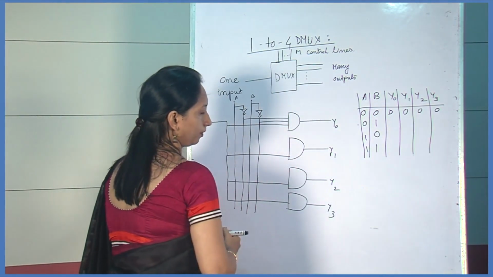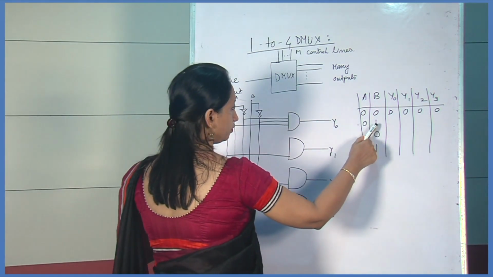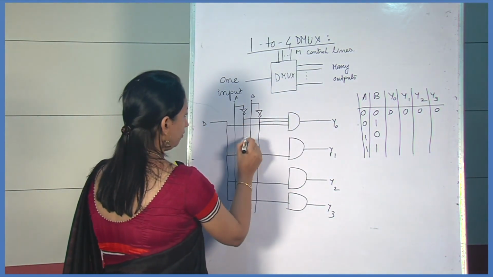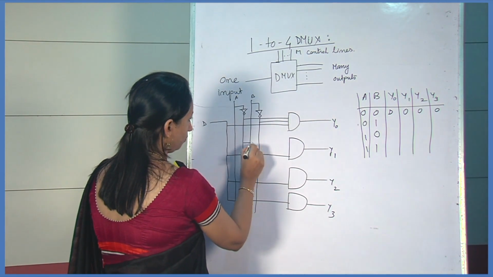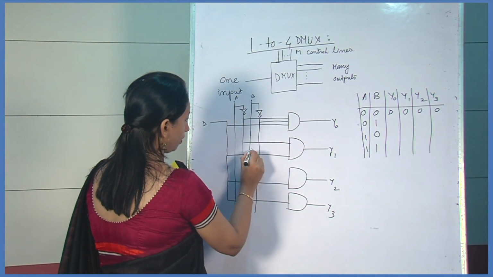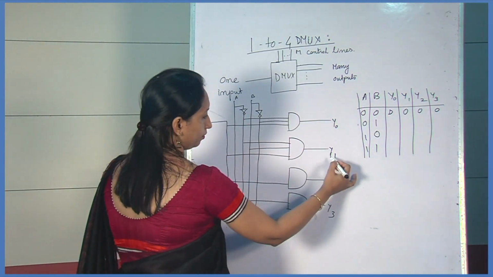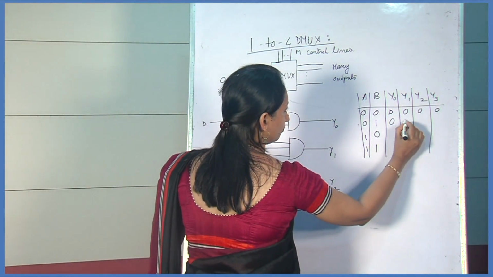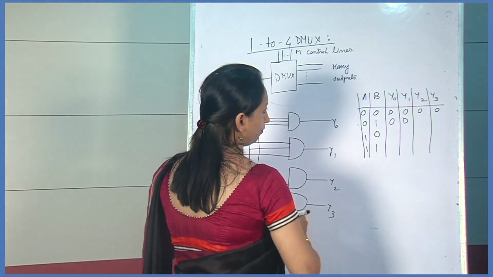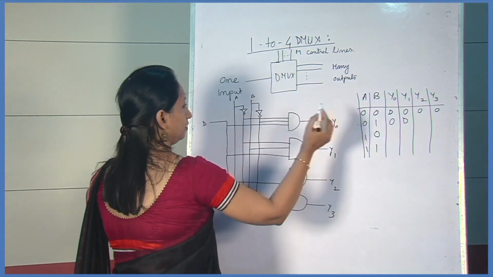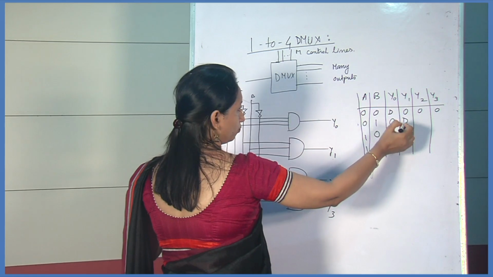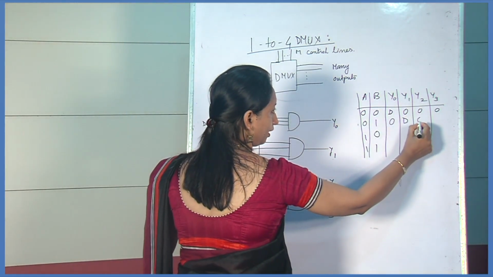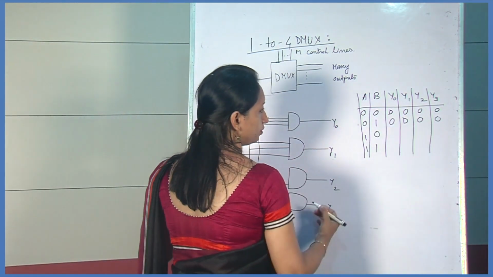the rest of the outputs of the AND gates are 0, 0. For the second combination, that is 0, 1, here it is 0, then next is 1, then the output Y1 takes the data input, so D is here. If D is 1, we can write here 1, and the rest of the outputs are 0, 0.